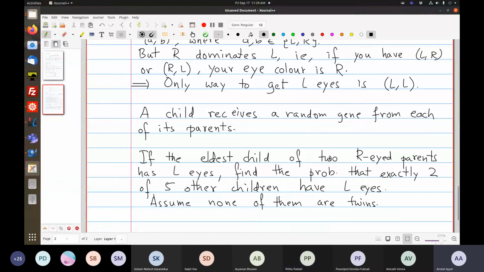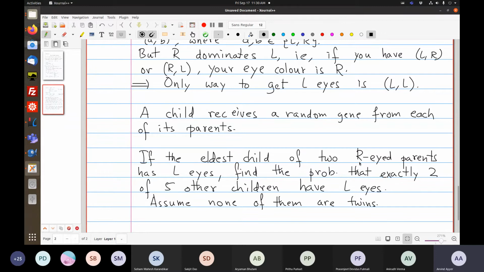And both have to have exactly one L because the other one has to be R. That's the other part of the confusion. Both parents have brown eyes, that's also given. So neither parent could have LL, because then they would have blue eyes.